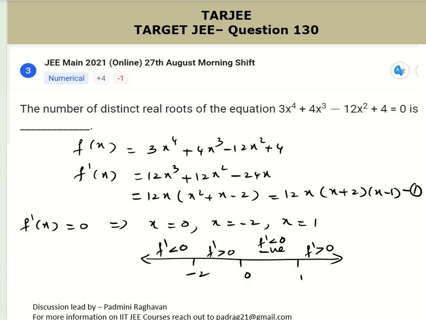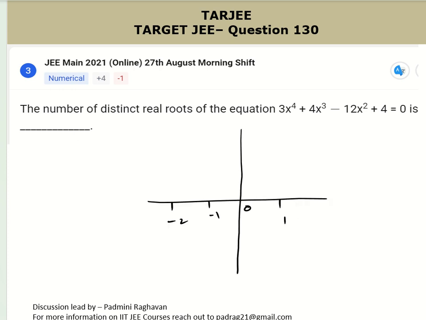The function is decreasing up to −2. So at −2, let us find the value. If you put x = −2, the y value is going to be 3 into 16, 48. Then 4 into −8 is −32. Then minus 12 into 4 is −48, plus 4.